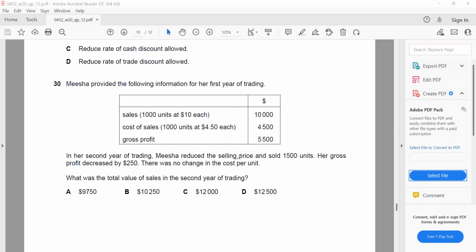Okay, reduce selling price, and sold a quantity of 1,005. Gross profit reduced by 250, which means it becomes 5250.